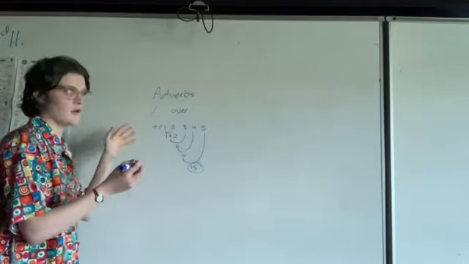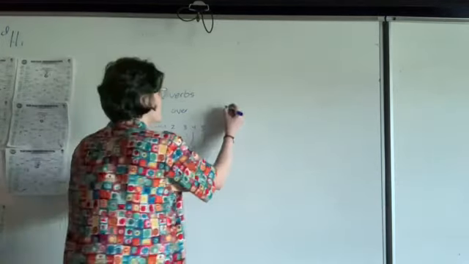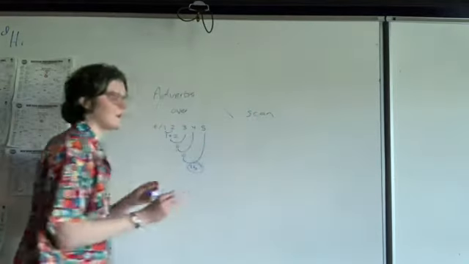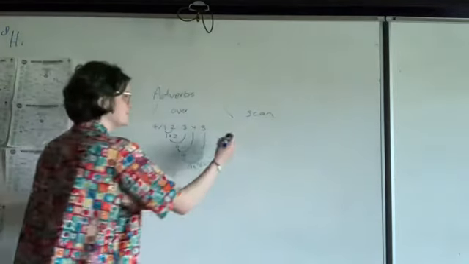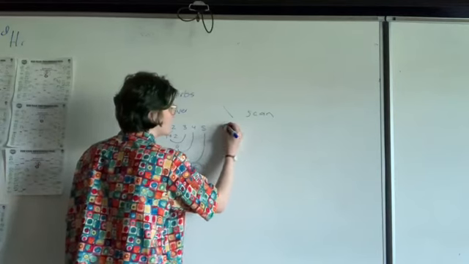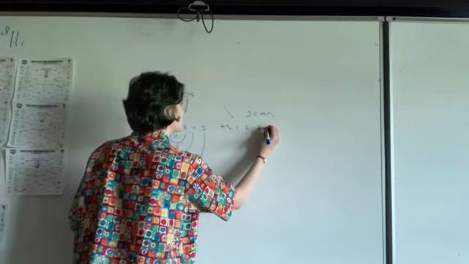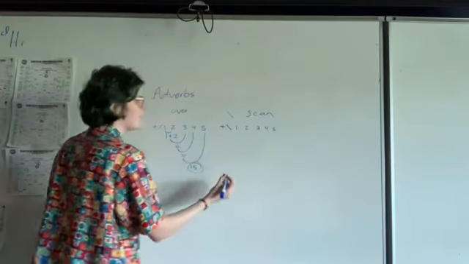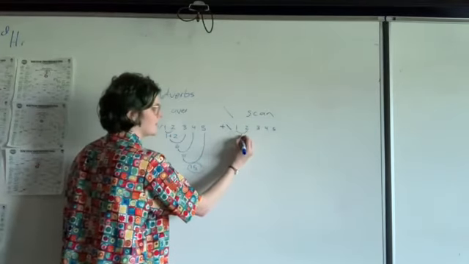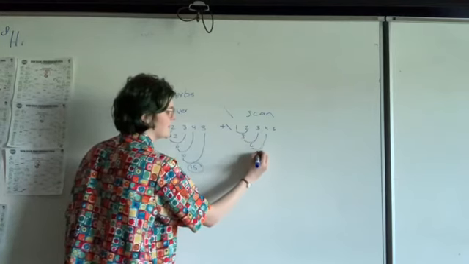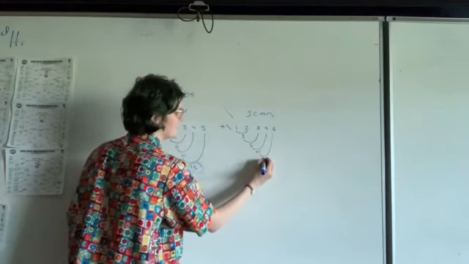There's one more adverb, which is similar to over. It's a backslash, it's called scan. It does the same thing if we do plus scan 1, 2, 3, 4, 5. It adds them, so we get 3, we get 6, we get 10, we get 15.